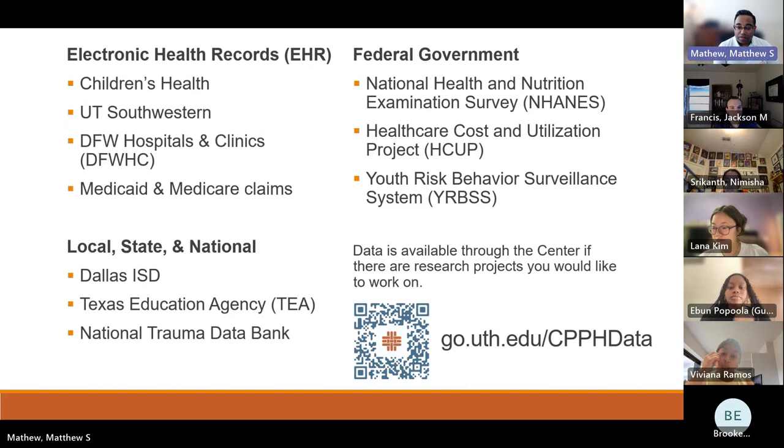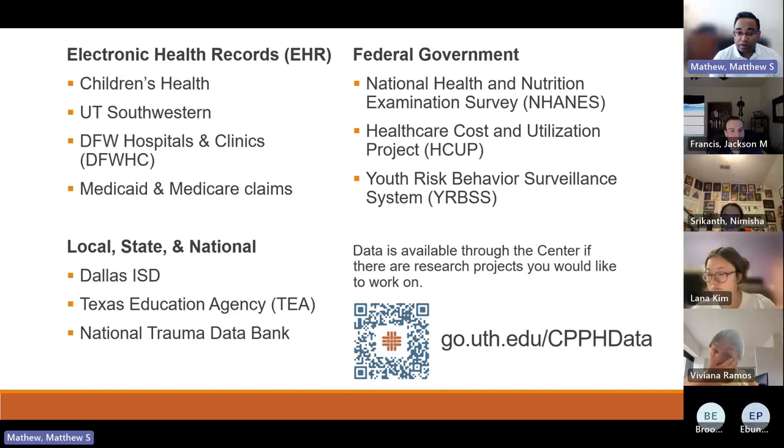So that's a new data source that we are working with this summer. Potentially there is a lot of really interesting information housed in that data set that we hope to publish from.